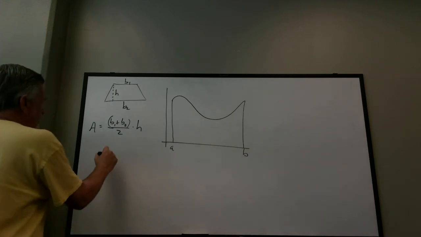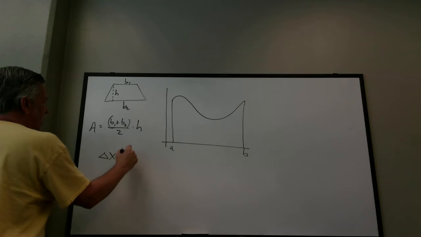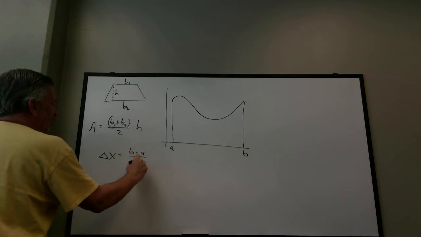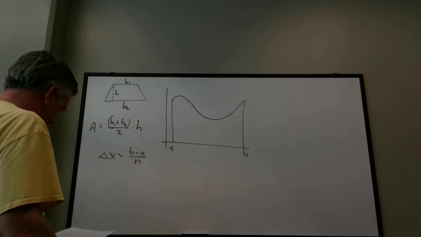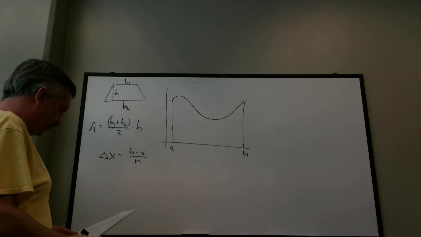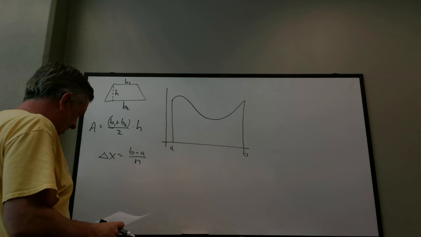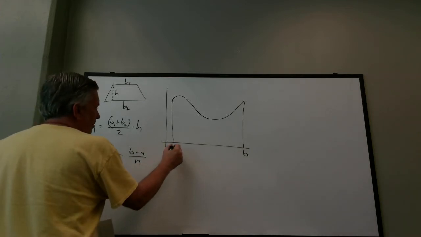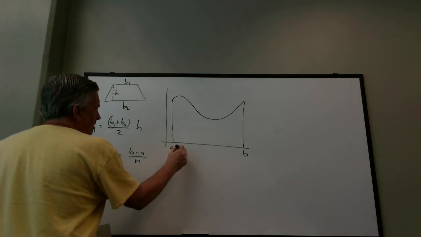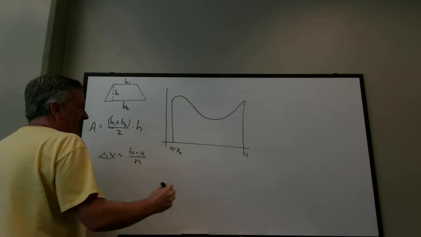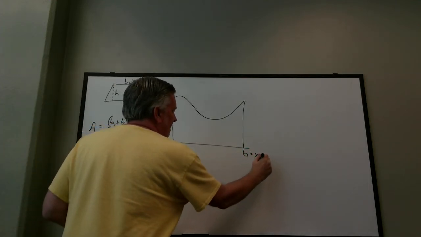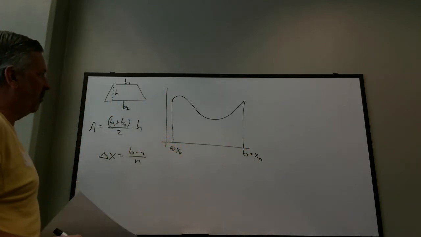Remember we found delta x, which was (b minus a) over n. So if we chop this up into equal pieces, we call a x naught, and we're going to call b x sub n, just like you did before when we did rectangles.